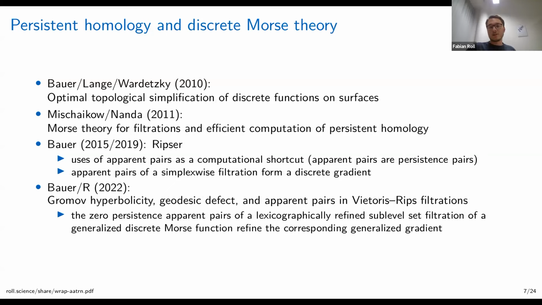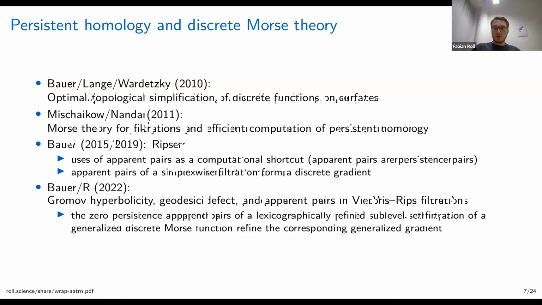And then the zero persistence apparent pairs of this lexicographic refinement actually refine the gradient of the generalized discrete Morse function you started with. So in a nutshell, what this should tell you is there is a way to relate generalized discrete Morse theory to the computational aspects of persistence we are used to. And we are coming back to that later on.